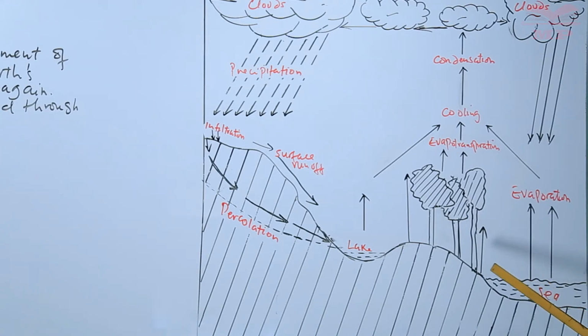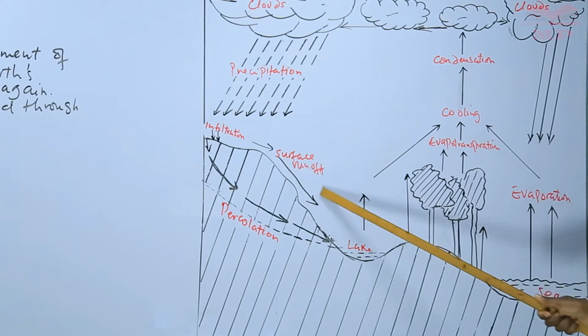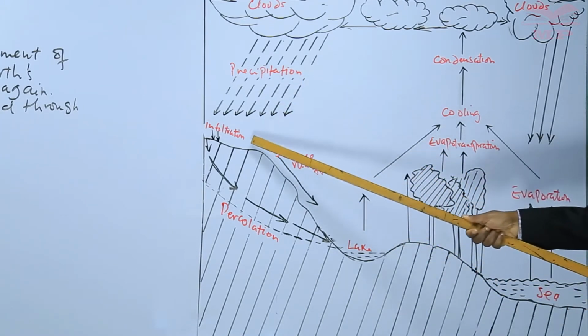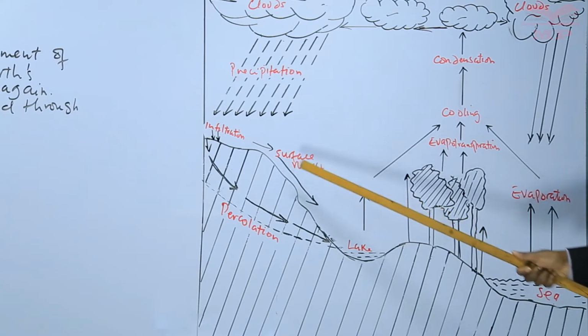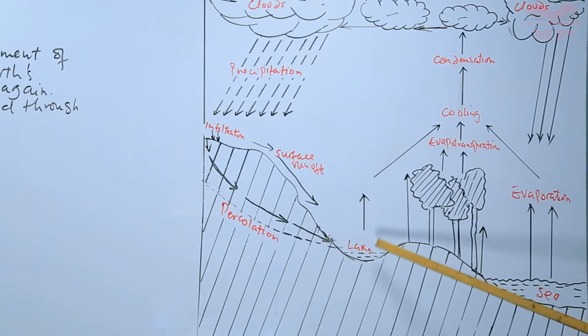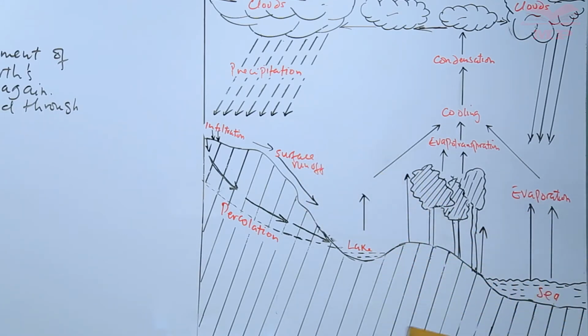Now, this form of water flow is known as surface runoff. The water that hits the surface of the earth goes back to the valleys, into lakes, into seas, into swamps, and so on.